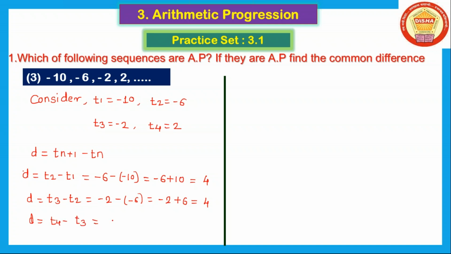What is T4 here? That is equal to 2. 2 minus negative 2. Minus into minus is plus, so both have the same sign, so we do addition. Addition is 4. So the common difference for the first two terms is 4, for the second two consecutive terms again 4, for the third again 4. Means the common difference is constant.